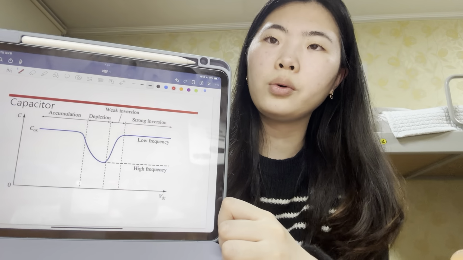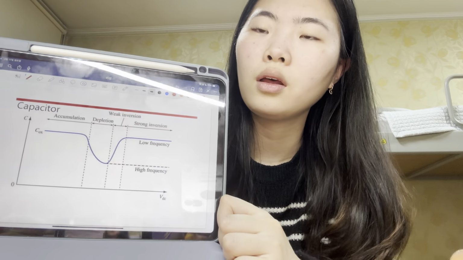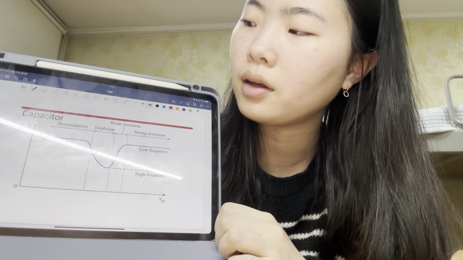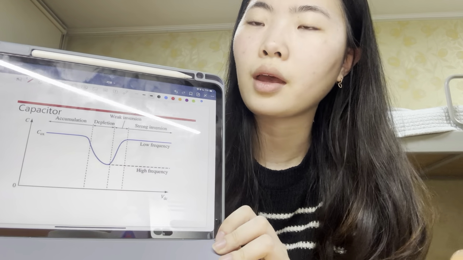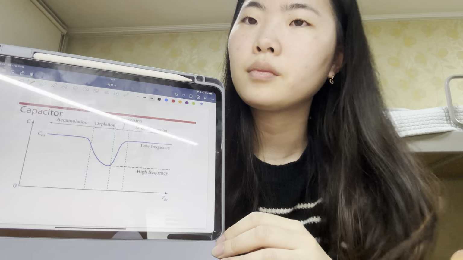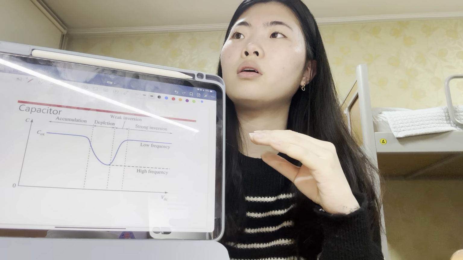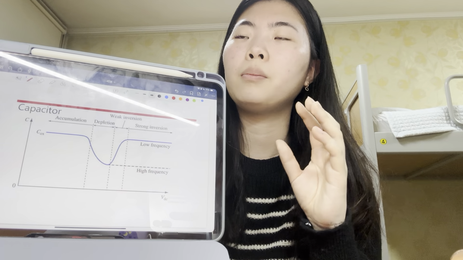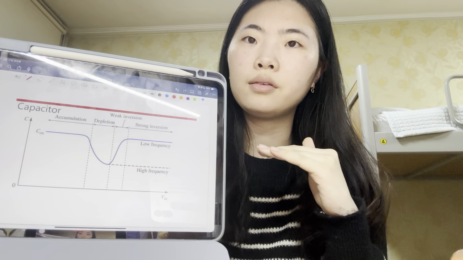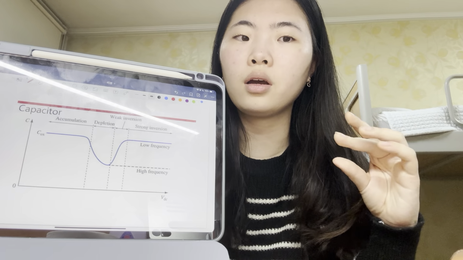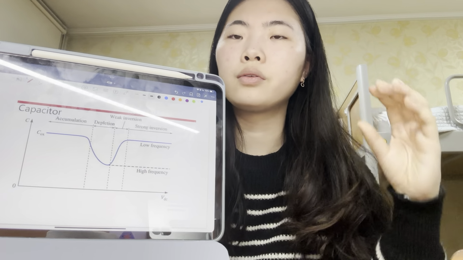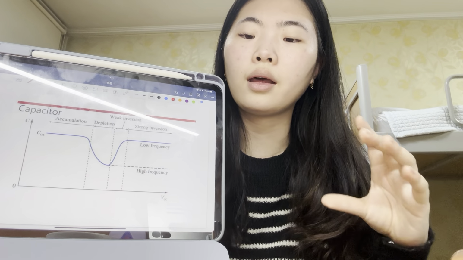Then let's talk about the MOSFET characteristic. This is the basic capacitor CV curve of the MOSFET. At the boundary of the MOSFET, between the gate and substrate, there is an oxide material in between them.